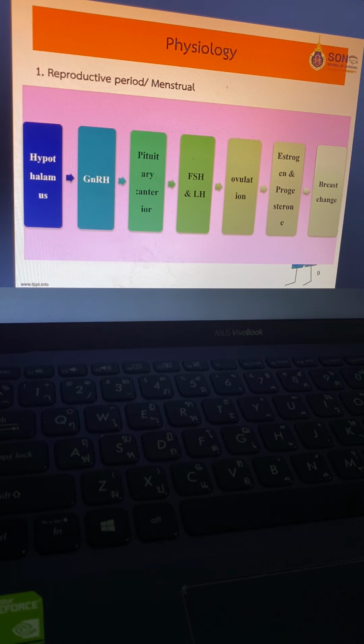Those two hormones are involved in ovulation. Ovulation stimulates the ovary to produce estrogen and progesterone. The estrogen and progesterone are so high that they involve breast change, for example breast tenderness and breast expansion.